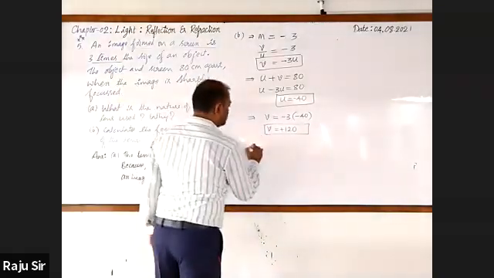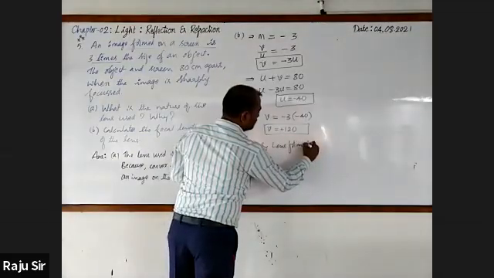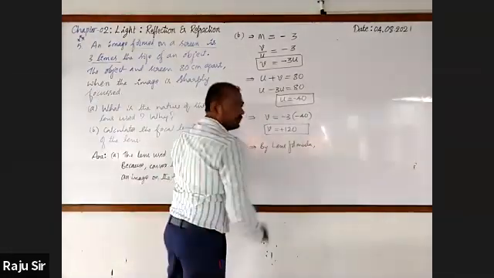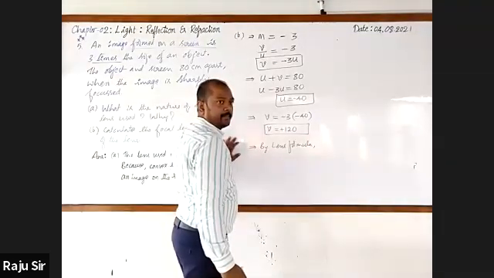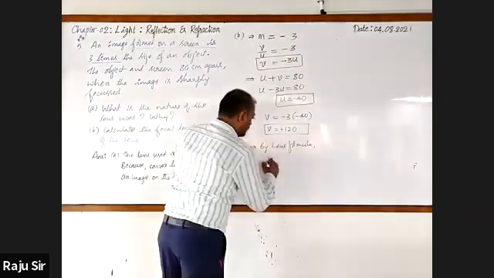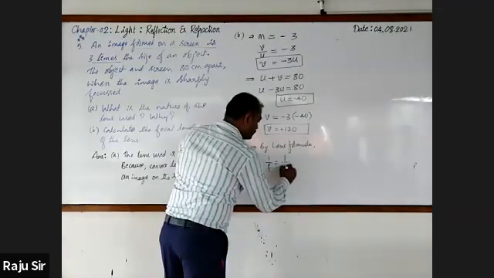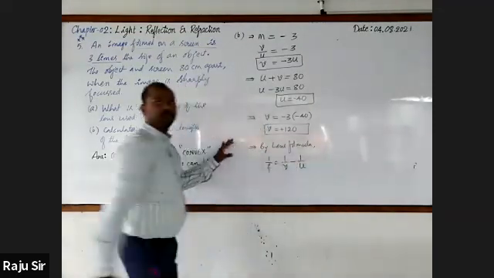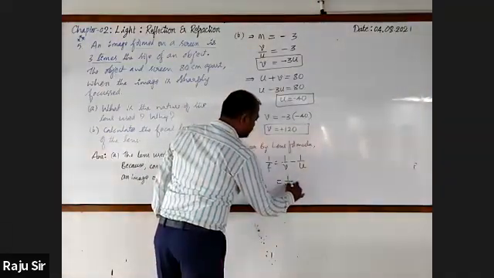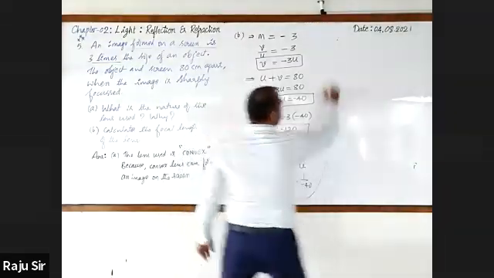Use the lens formula. By lens formula, 1 by f is equal to 1 by v minus 1 by u. Substitute: 1 by v is 1 by 120, 1 by u is negative 40.